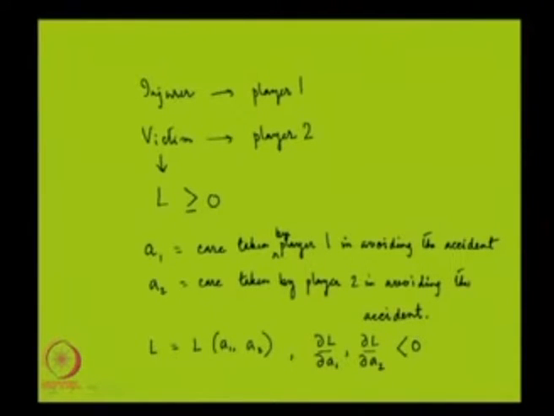We are also going to assume that L, A1, A2 are measured in the same unit. Let us call this maybe money, which means that I can add and subtract L with A1 and A2.